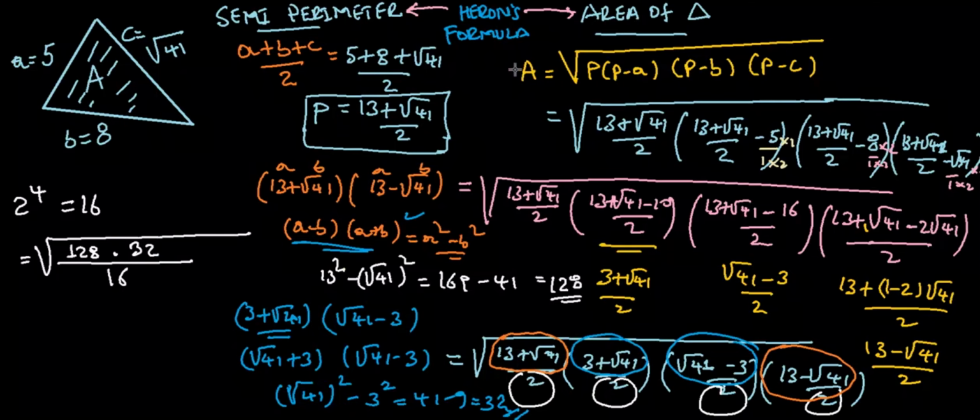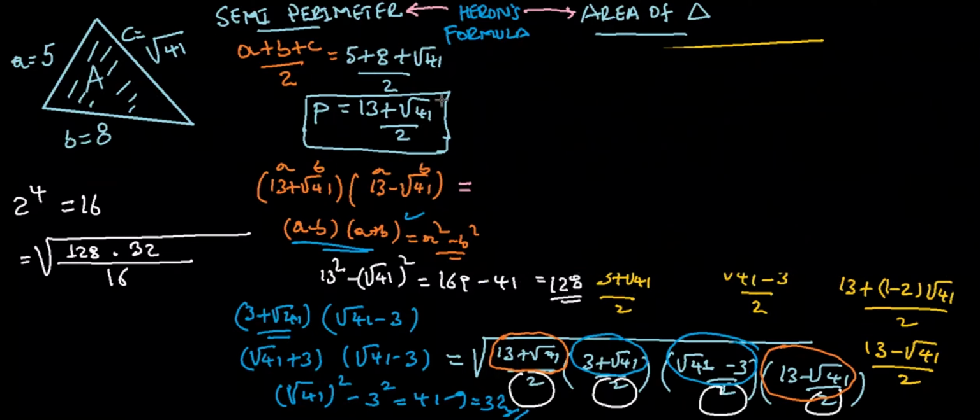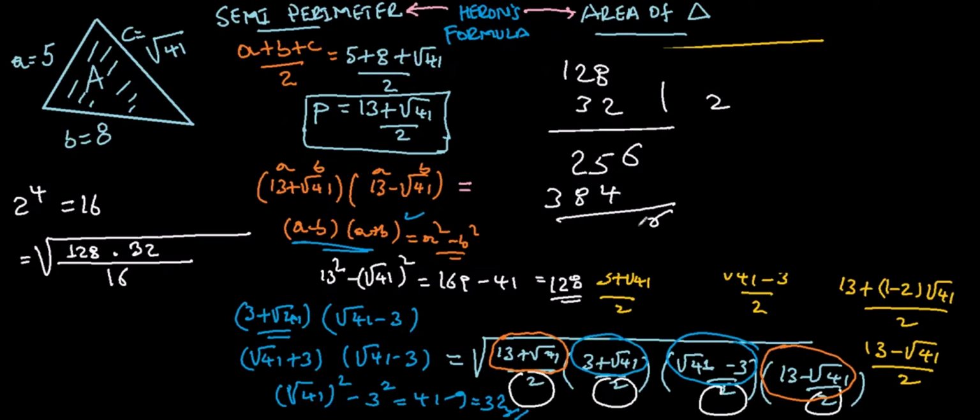Then next, you have to multiply 128 by 32. 2 times 8, 16, 2 times 2, 4, 5, 2. 3 times 8, 24, 2, 3 times 2, 6, 7, 8, 3, so 6, 9, 10, 4. So this will be the square root of 4096 over 16.